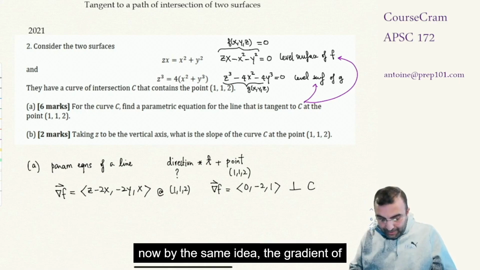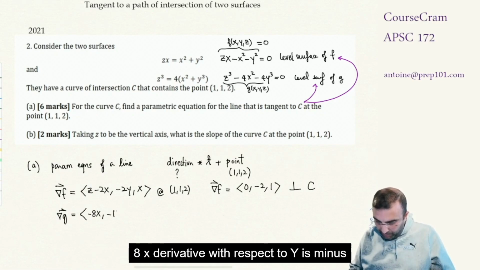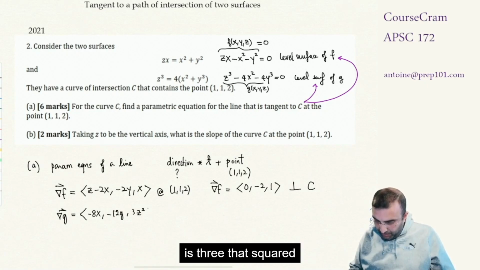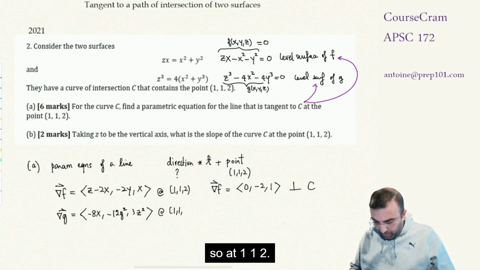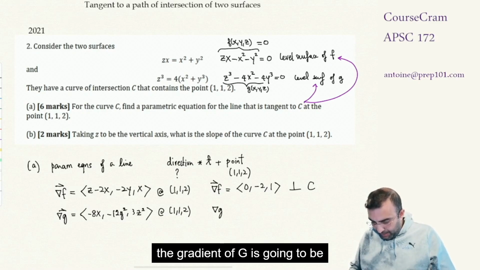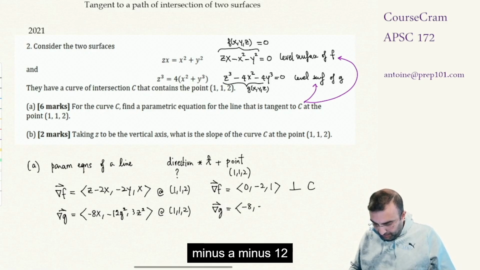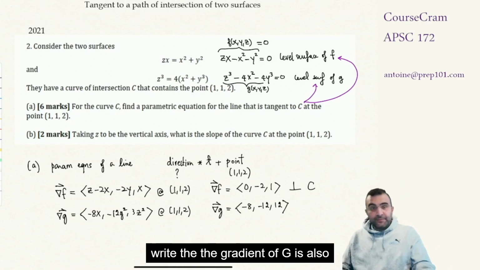Now, by the same idea, the gradient of G is equal to the derivative with respect to x is minus 8x, the derivative with respect to y is minus 12y squared, the derivative with respect to z is 3z squared. Of course, sorry about the y squared. So at (1, 1, 2), the gradient of G is going to be (minus 8, minus 12, 12). Right?